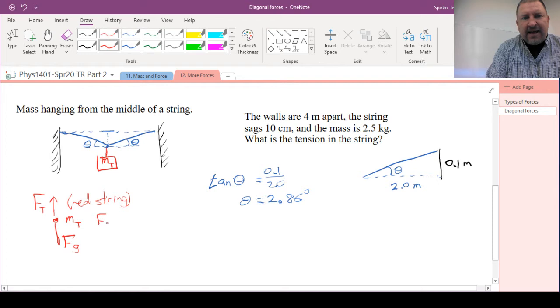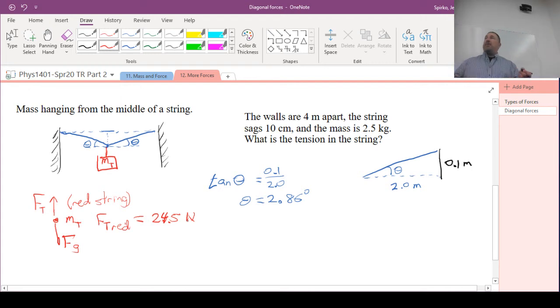And I'll find FT red is equal to 24.5 newtons, which is the result we had before when we had the table and the mass sitting on the floor. The normal force was 24.5 newtons. So that's actually kind of boring.